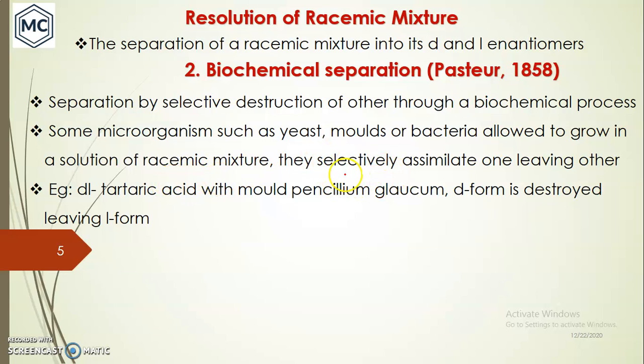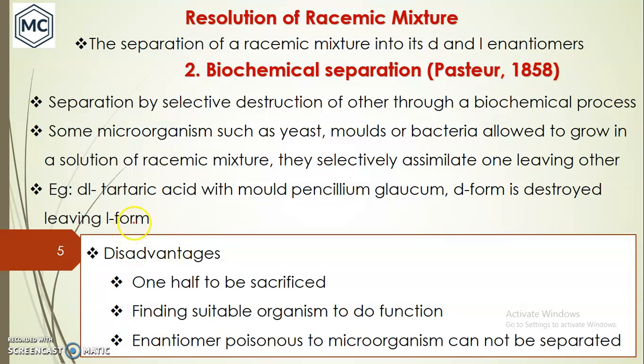What they do is selectively assimilate one, leaving the other enantiomer. So one enantiomer will be destroyed and the other will remain. For example, with DL-tartaric acid and the mould Penicillium glaucum, the D form is destroyed and it leaves the L form.